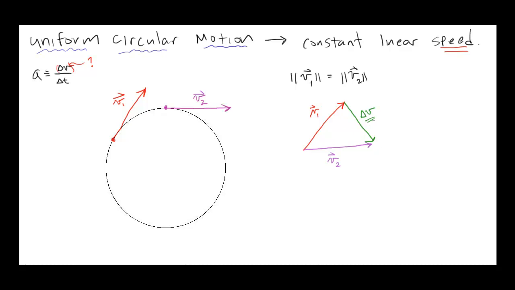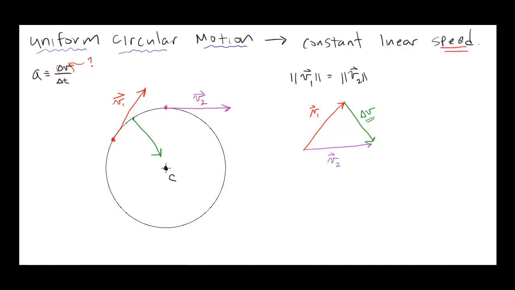So V1, V2, change in V, delta V. Now if I transpose this green vector, delta V, onto my picture, I'm going to imagine a point here between V1 and V2, because this is the average delta V for this interval. If we transpose this arrow here, it's going to look like this, pointing, if I was really precise, exactly to the center of our circle.